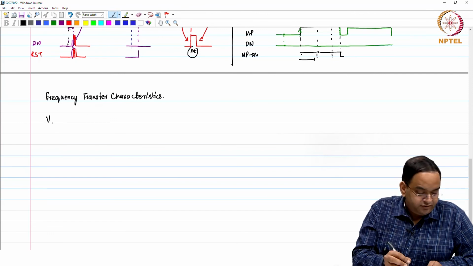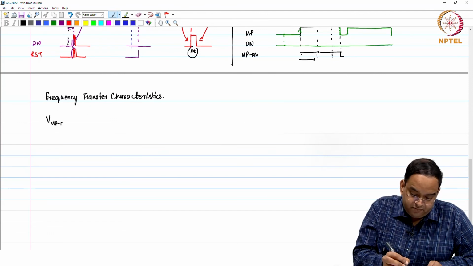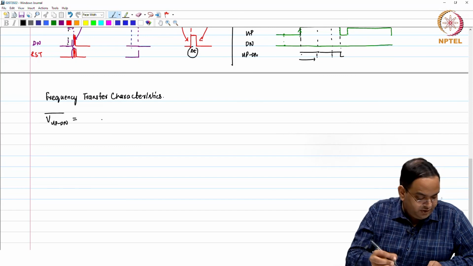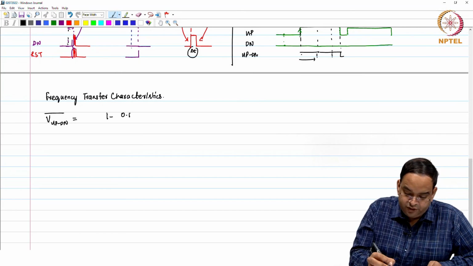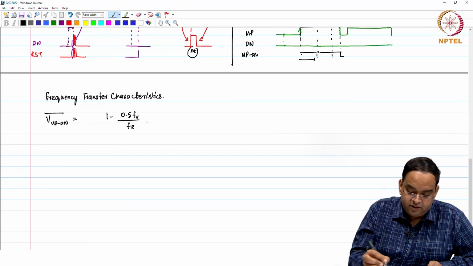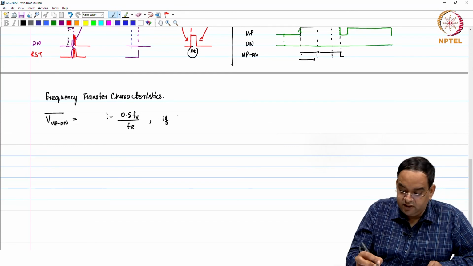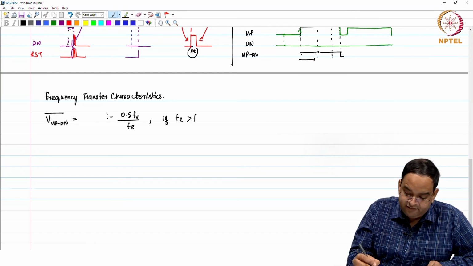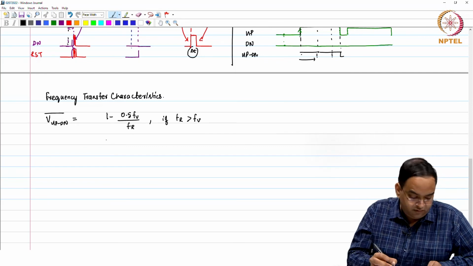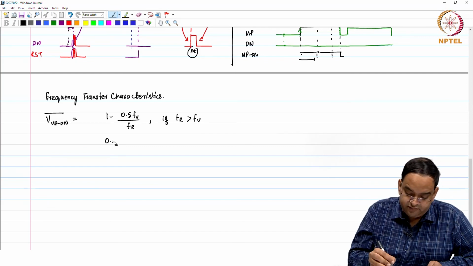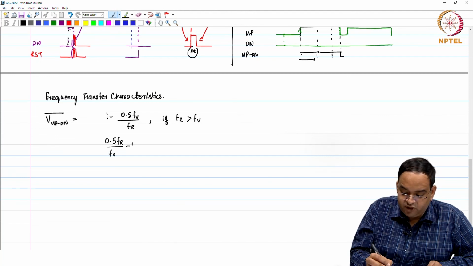Okay. So, the average value of up minus down is equal to 1 minus 0.5 times FV by FR if FR is greater than FV, and the other one is 0.5 times FR by FV minus 1 if FV is greater than FR.